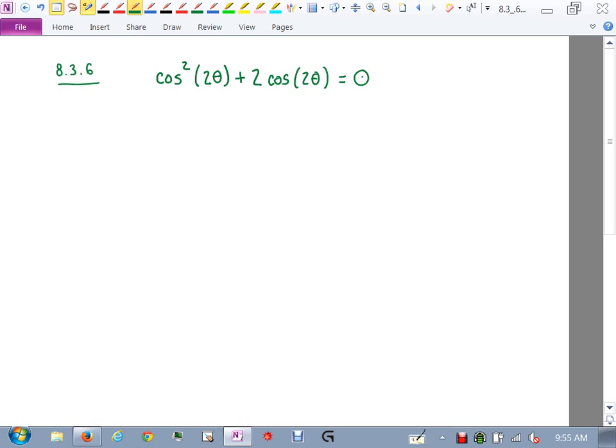Now I'm using theta instead of x. All right, so x is a dummy variable, theta is a dummy variable. I could have used t in there. I could have used any letter I want, basically. I'm just using something different just to get us used to seeing different variables. So we want to know what theta makes this equation true.